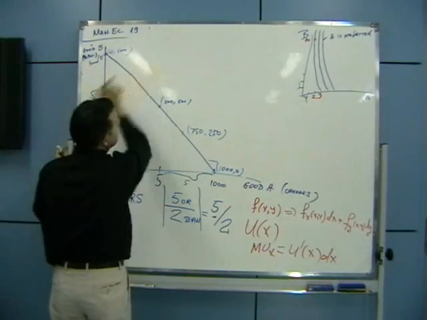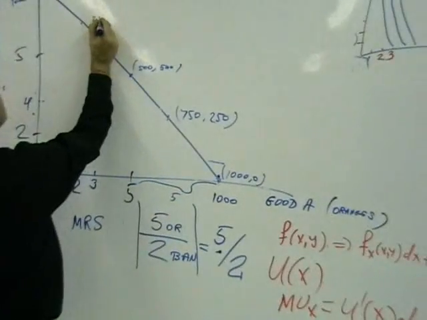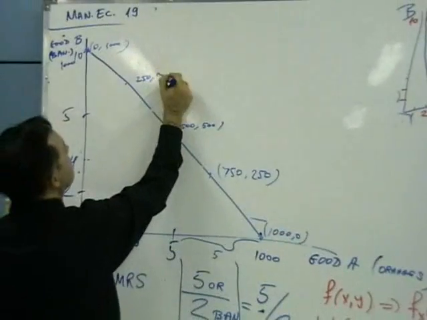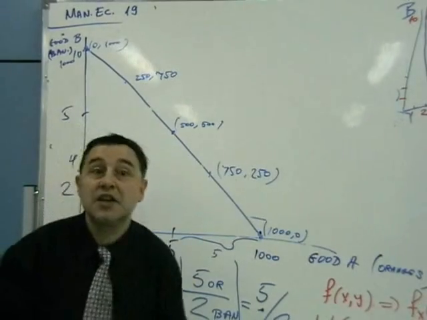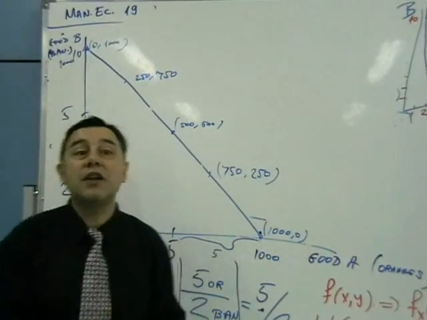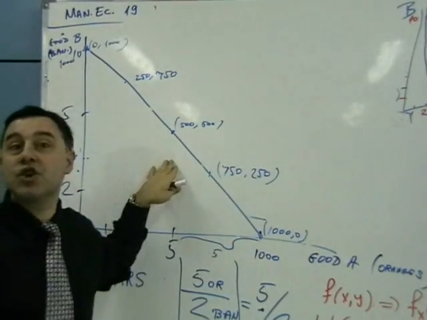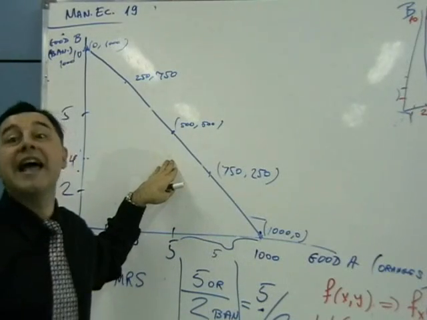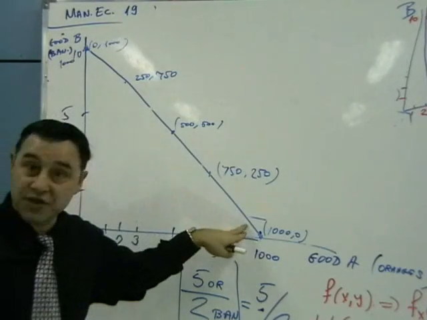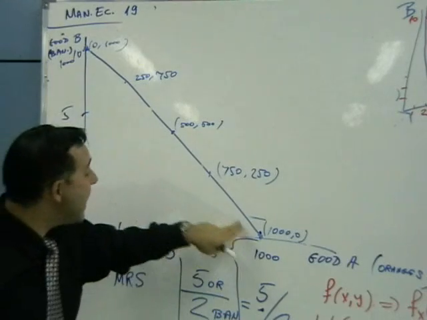So this will be 250, 750. So all I'm saying is if each costs 1 real and I have 1,000, I can buy any point.